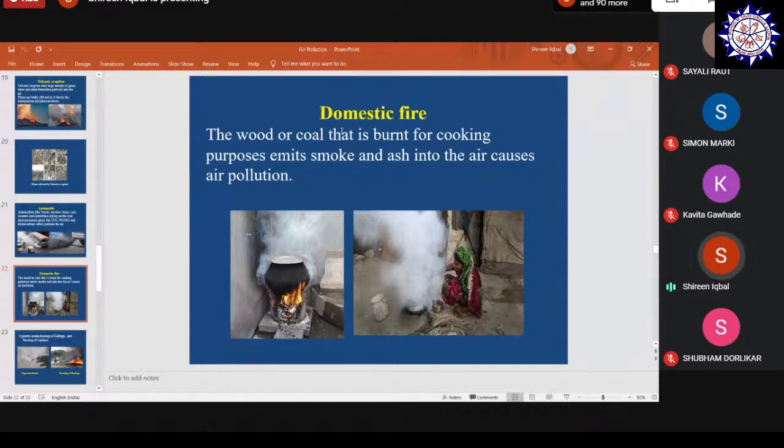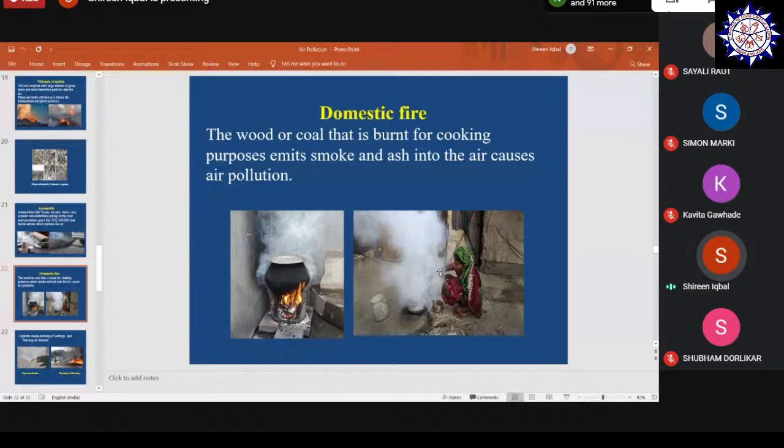Many poor people, they are burning wood or coal for preparing food or for cooking purposes. ठीक है? तो यहाँ पे दिख रहा है, because they cannot afford gas cylinders. They are poor people. So they are burning the wood and the coal for cooking purposes.